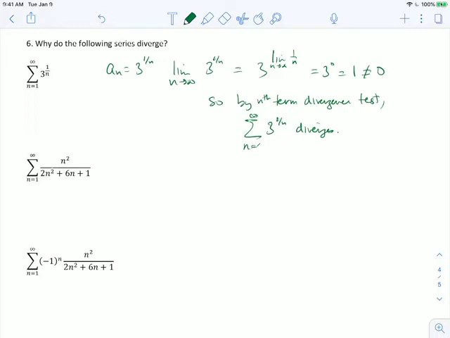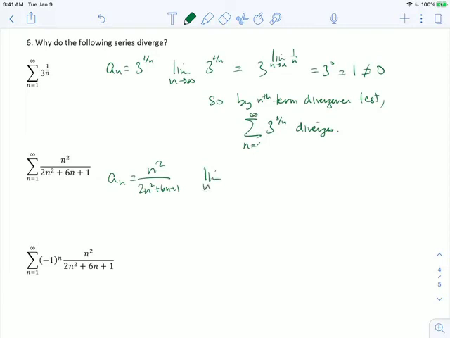Then we've got a couple more examples of this down here. a sub n is n squared over 2n squared plus 6n plus 1. The limit as n goes to infinity of a sub n: in this case, we could divide both numerator and denominator by n squared, or we could rely on what we know, since we looked at a similar example in the last section.